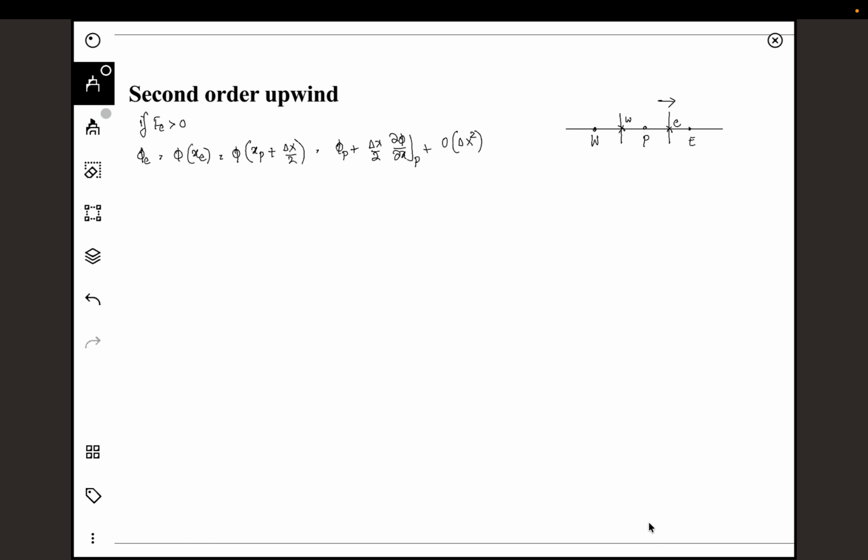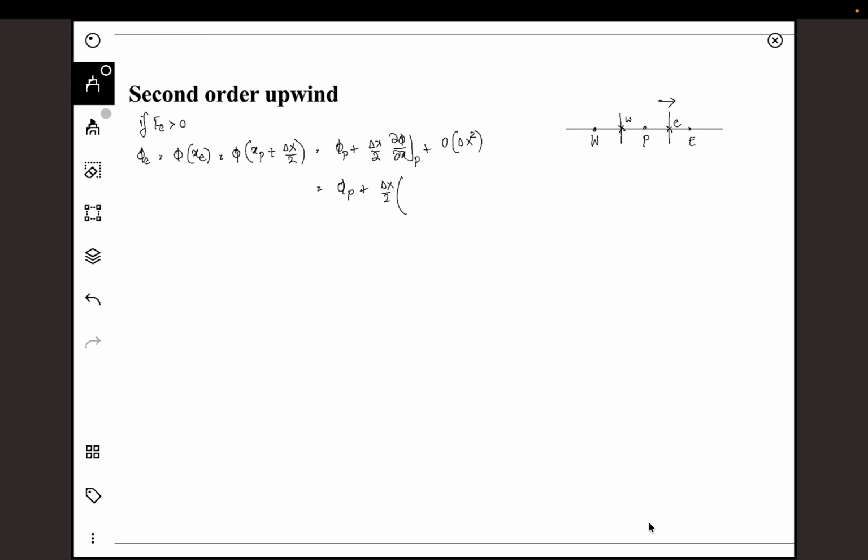Now all I have to do is write these terms in terms of the cell centers. So this will be phi P plus delta x by 2. Again, because I need a second order accurate scheme and we have a delta x already here, the scheme that I use here should at least be first order accurate. I'll use a second order accurate scheme itself, so that the overall accuracy of this scheme will be second order.